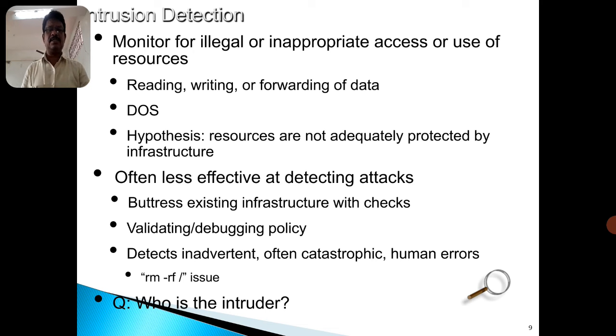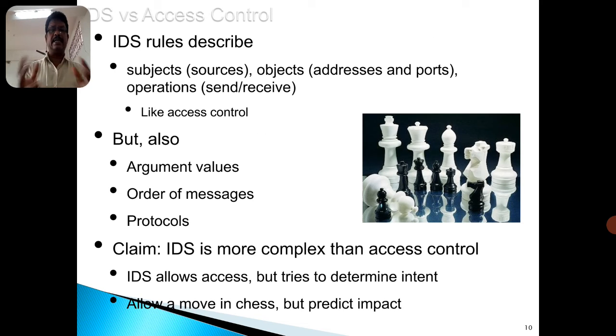So the IDS can identify all the attacks made by opponents, though it is often less effective at detecting attacks in a different manner. Reading and writing, forwarding data, depends on the disk operating system, that is the DOS, and we have to observe different identification. Now we can focus on who is an attacker.